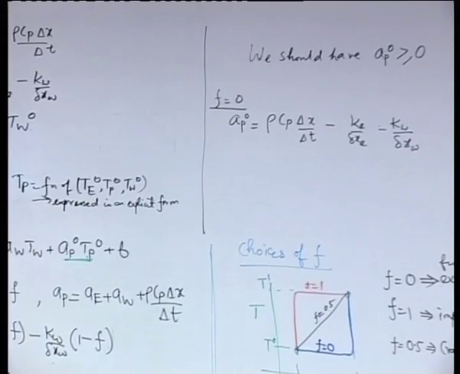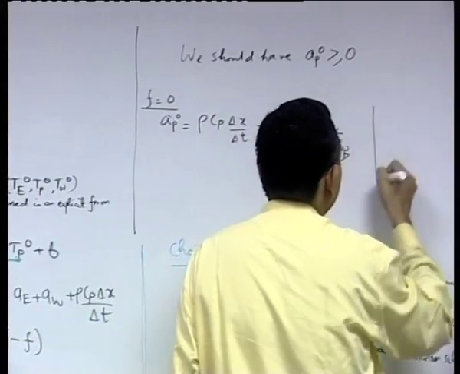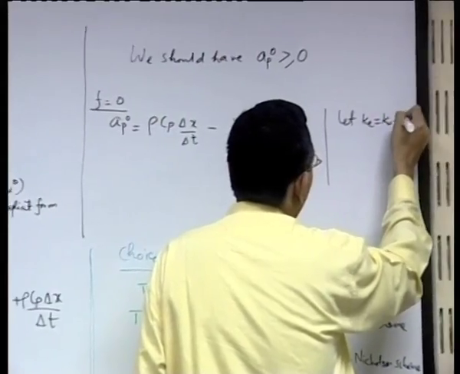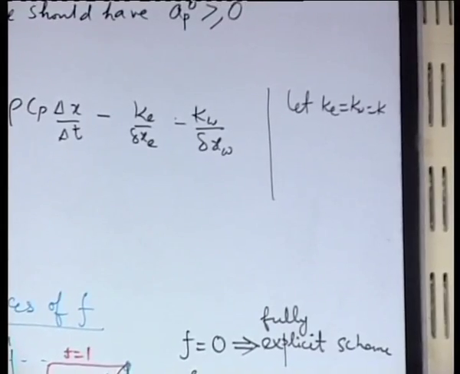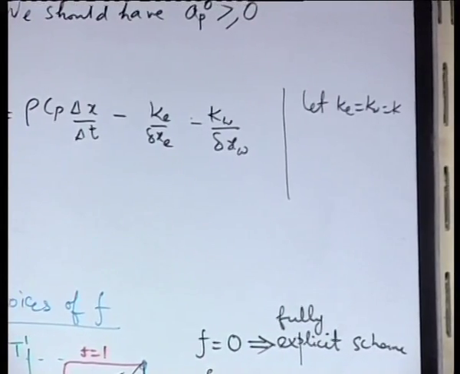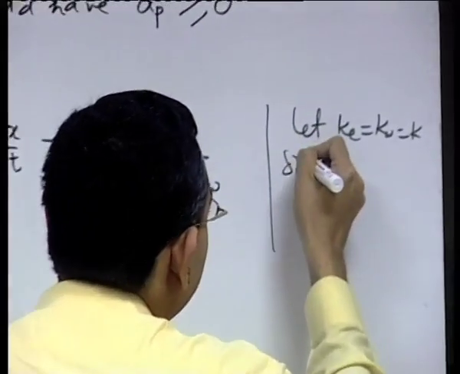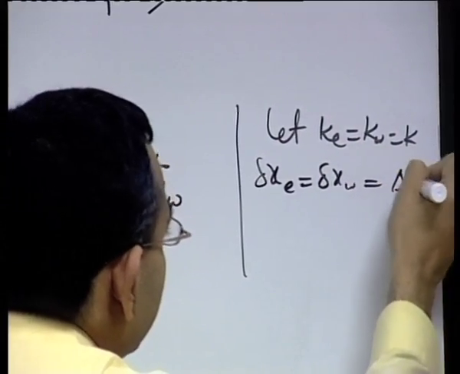Now, for algebraic simplification, let us consider that Ke and Kw are all the same, a uniform thermal conductivity value of the material, and delta Xe equal to delta Xw equal to delta x.